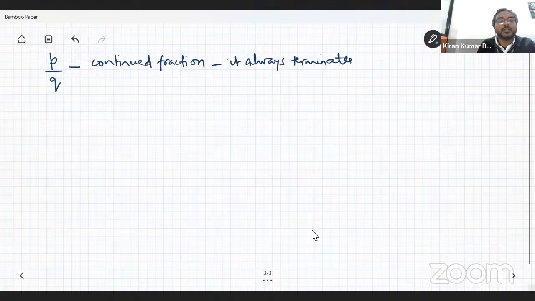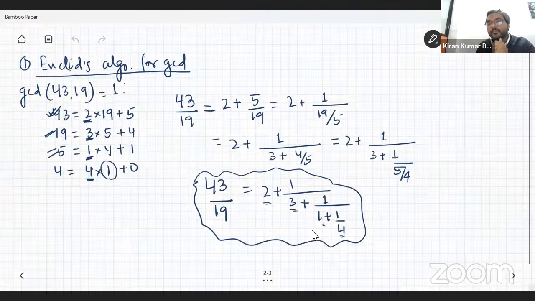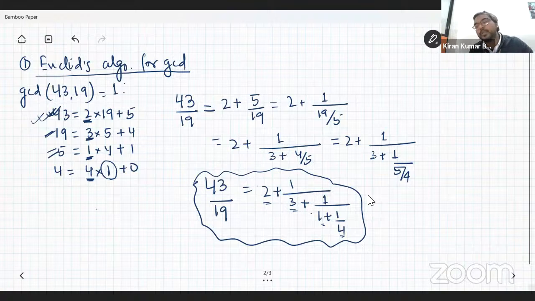Intuition, this is clear. If I have a rational number 43 by 19, 1 by 2, 5 by 2, anything, this algorithm will terminate. And so the corresponding continued fraction that we obtain will also terminate.